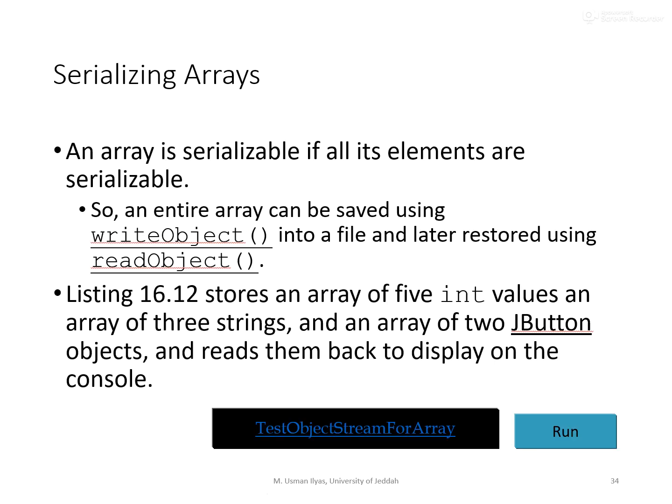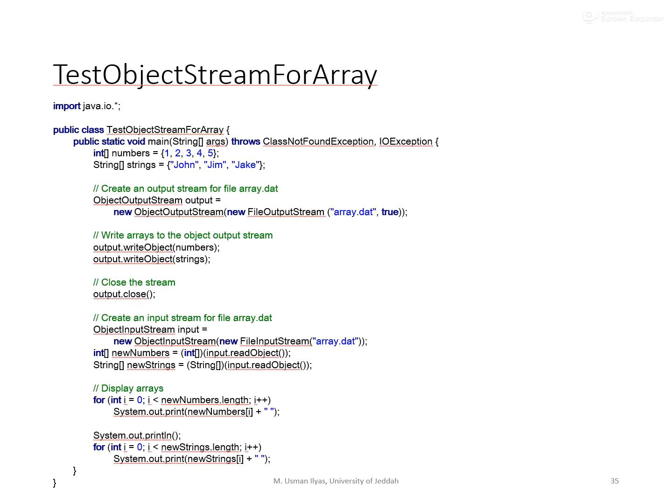Now, another useful function of the write object and read object methods is that they can also be used to write entire arrays and read entire arrays to and from files. So another demo code for that over here, fairly straightforward.